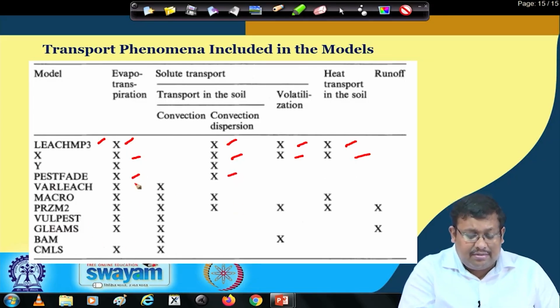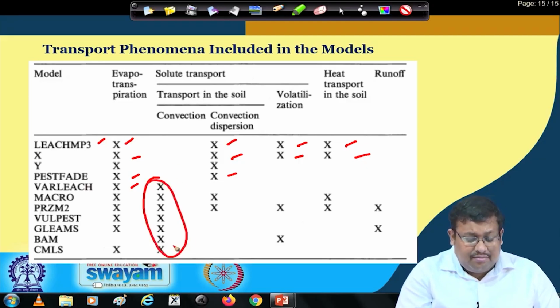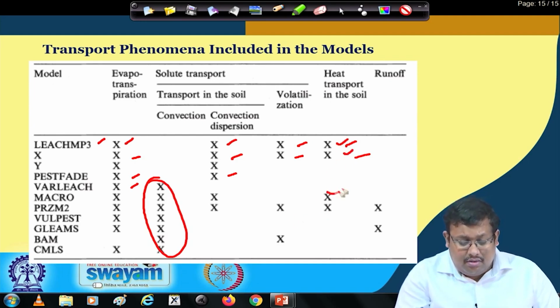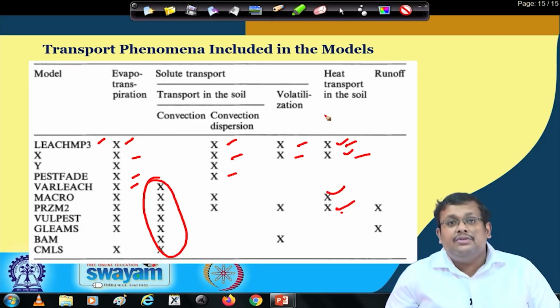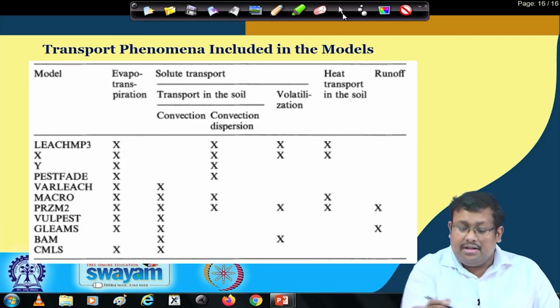Varleach considers evapotranspiration. So, all the models except for the BAM consider the evapotranspiration, and also these models consider the convection process and convection dispersion. Here volatilization and heat transport, you can consider both Leach MP3, X and then macro, PRZM, then PRZM2. So, you can see there are different types of transport phenomena which are included in different types of models.